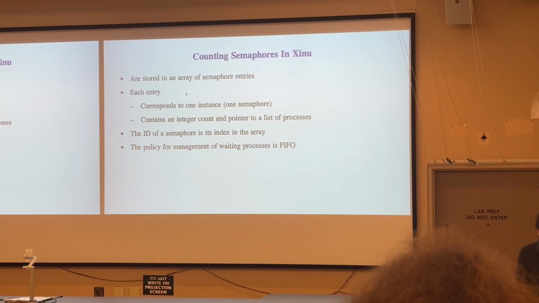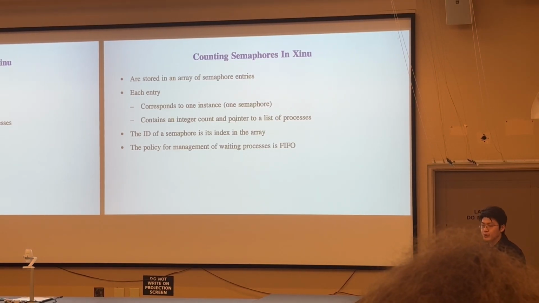Each semaphore is one entry in that semtab. Each entry corresponds to one semaphore and contains an integer count of the semaphore, which is the initialization value that you use to initialize this semaphore, and a pointer to a list of processes.